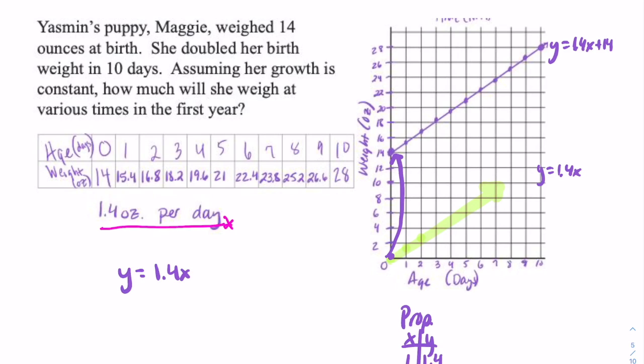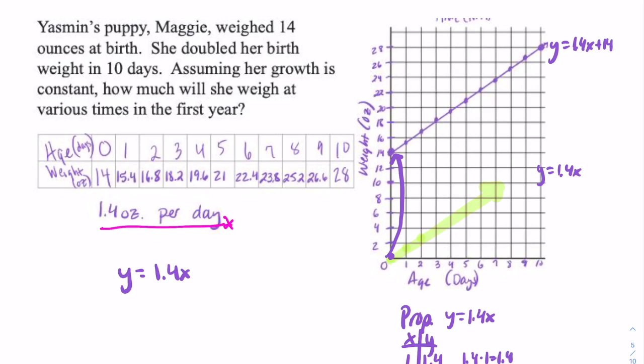Y would be 1.4, right? 1.4, if the equation is y equals 1.4x, 1.4 times 1 is 1.4. If x is 2, then 1.4 times 2 is 2.8.